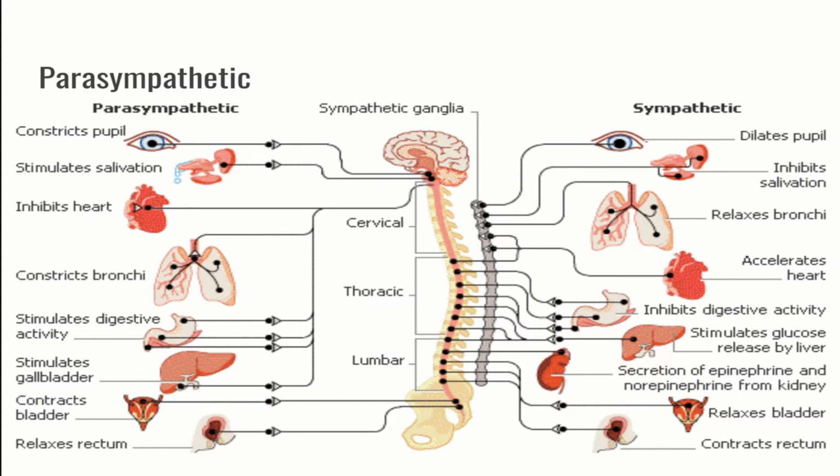So it's going to stimulate salivation. It's not going to necessarily stop the heartbeat, but it is going to allow the heartbeat to slow down. It's going to kind of pull in your bronchi so you don't take quite so deep breaths, those kinds of things.